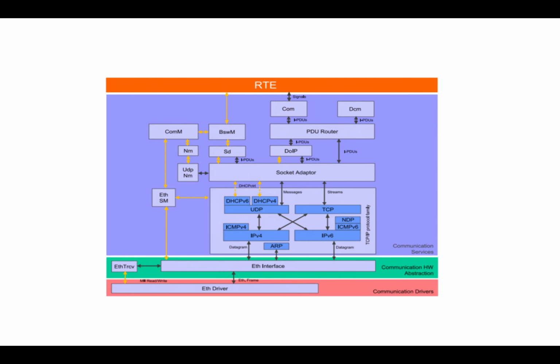Now talking about TCP and UDP. Let's talk about TCP first, the Transmission Control Protocol. It requires an established connection to transmit the data, so it is a connection oriented protocol. Before starting any operation, a connection needs to be opened.